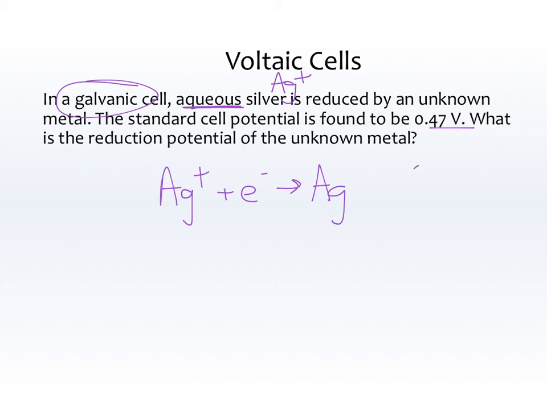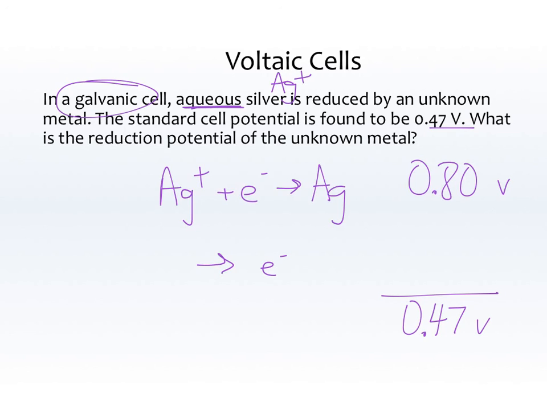And according to the reduction potential chart, that's a 0.8 voltage. And then I have some unknown thing that produces an electron. It's the thing that's going to be oxidized and has some unknown voltage. And overall, the total voltage is 0.47 volts. So the question is, what is the voltage of this unknown thing?